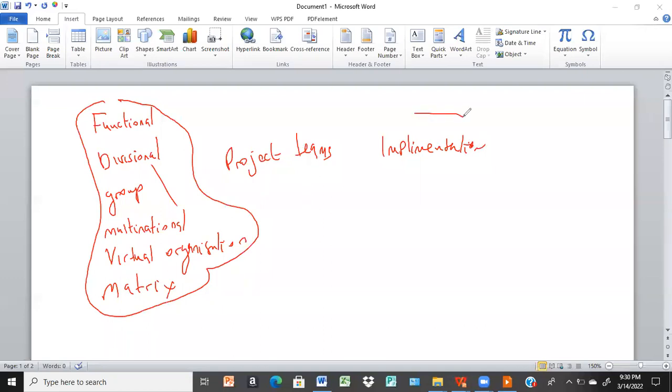So we need to figure out the appropriate type of structure to implement the change or the strategy that we are thinking about. The concept of organization structure, and the advantages and disadvantages of these structures, is something that we have seen on this paper before. So implementation is organization structures and also the management of change.